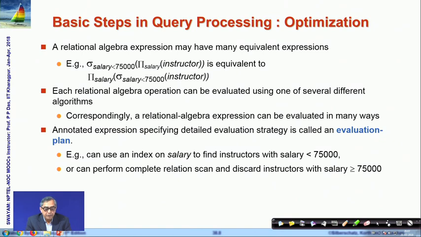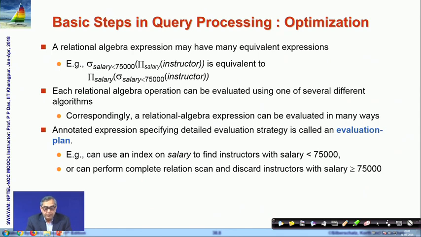Based on these, we would like to annotate the expression. We would like to mark out whether we first project on salary and then do the selection, or first do the selection on salary less than 75,000 and then project. With that annotation, we will build up a total evaluation strategy, which is known as the evaluation plan.